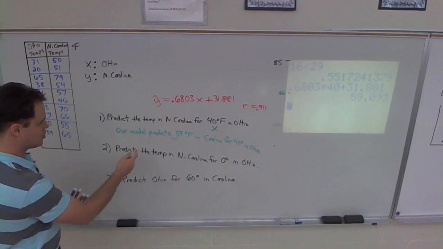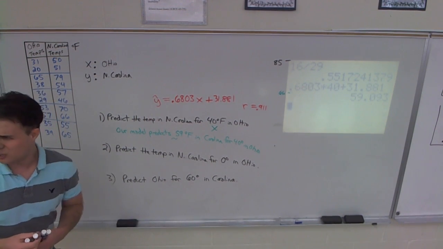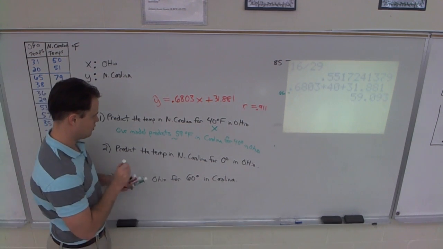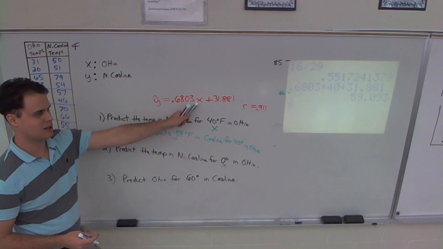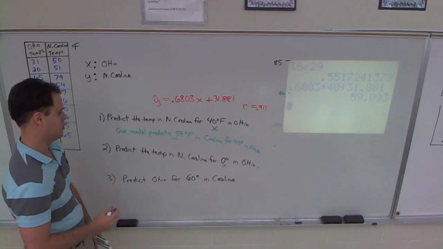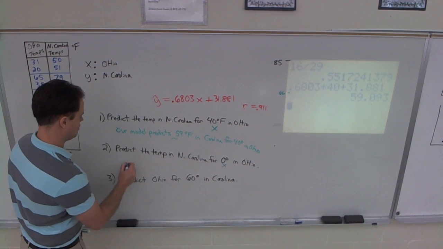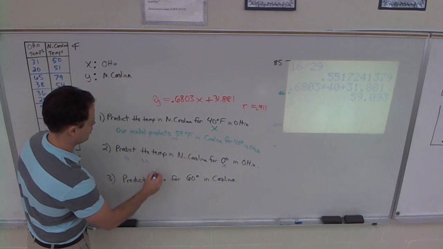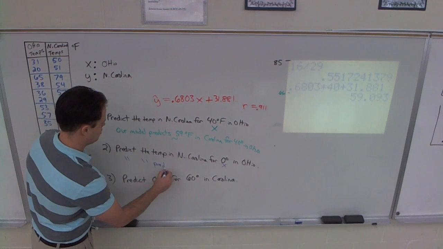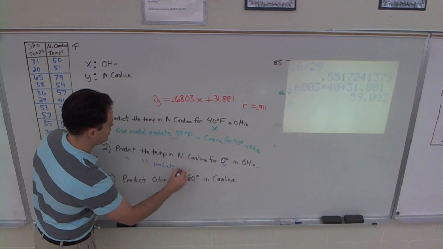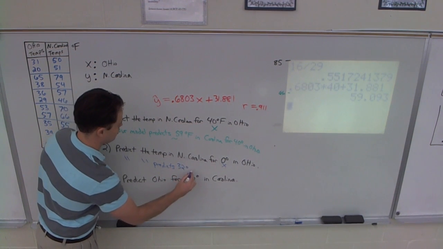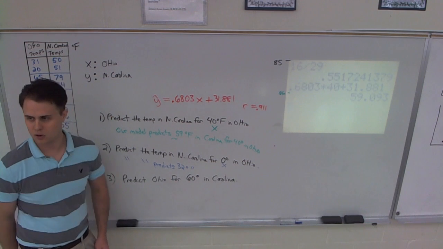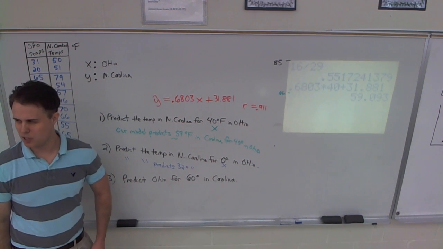Okay? This guy, we could do the same thing. I don't even think I need my calculator. This is another x, right? If you put 0 right there, what do you get? 31. So I'm going to say everything's the same here. Predicts 31, we'll say about 32 degrees, yeah? There's something dangerous about that.